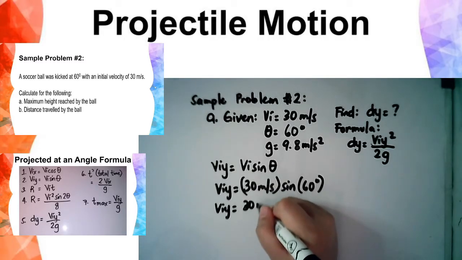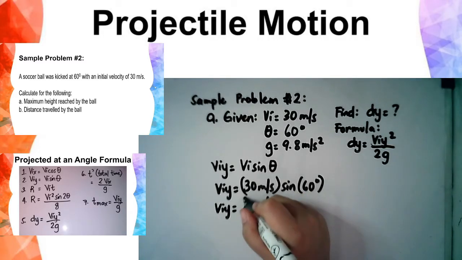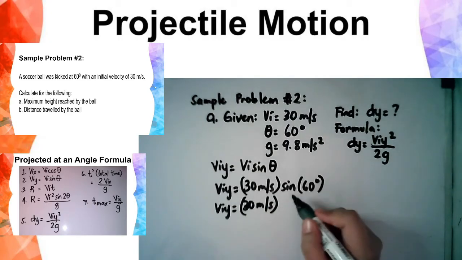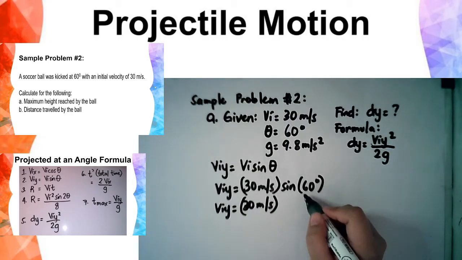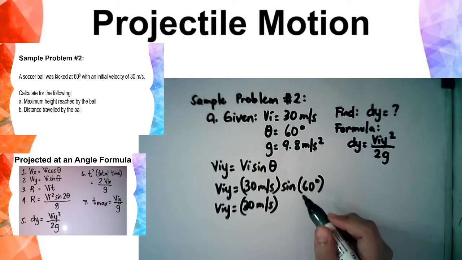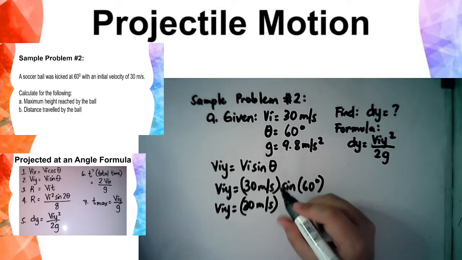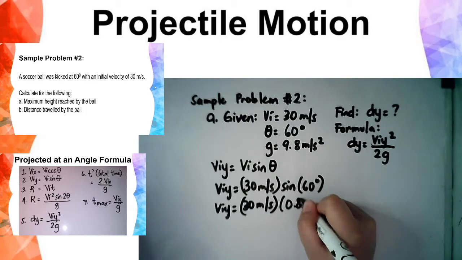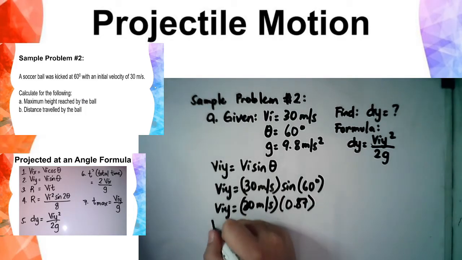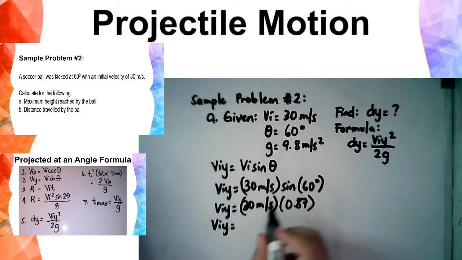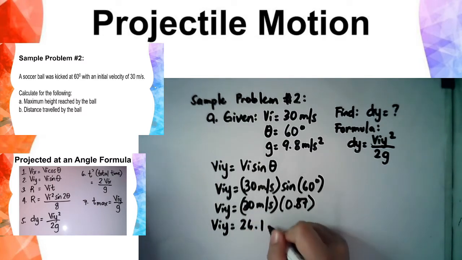So, susulat lang natin itong 30 meter per second. Okay, sine 60. So, you need to type on your scientific calculator sine 60. You will be getting 0.87. And then you need to multiply 30 times 0.87, you will get 26.1 meter per second.